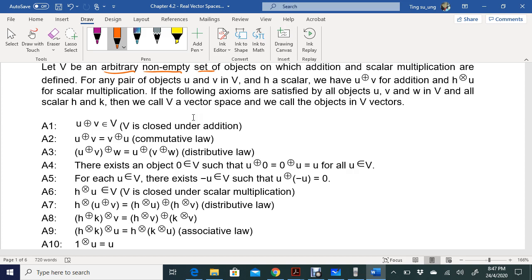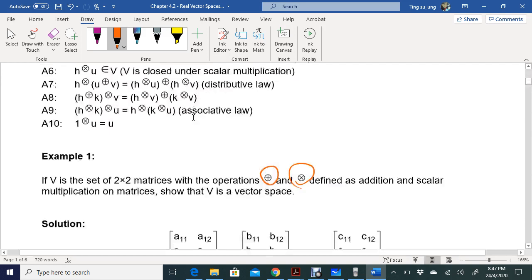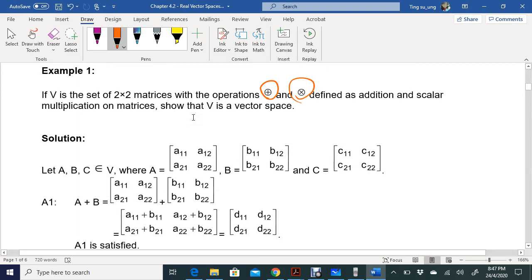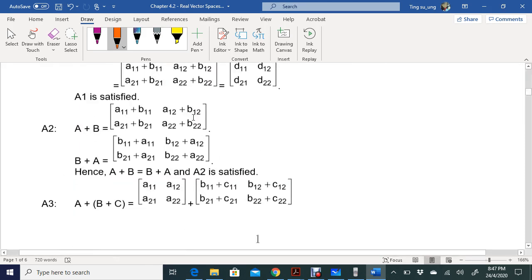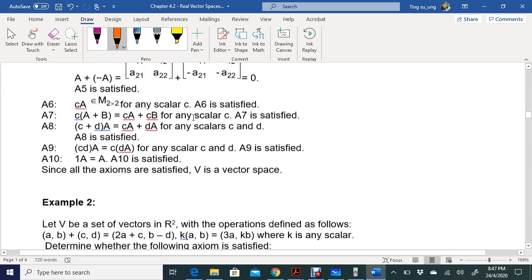Okay, so example 1 is to show how you're supposed to prove it, because the question said show that V is a vector space. If that's the case, you need to find and prove every single axiom from A1 until A10. But no worries, this kind of question will not come out.